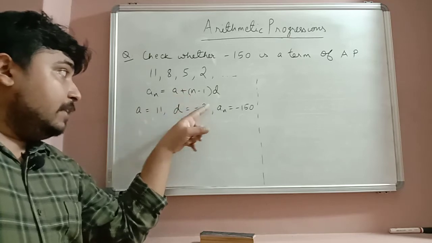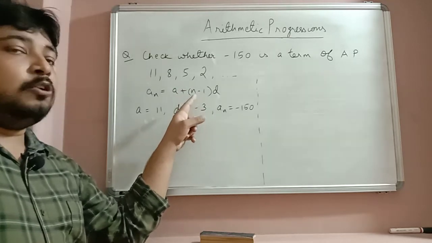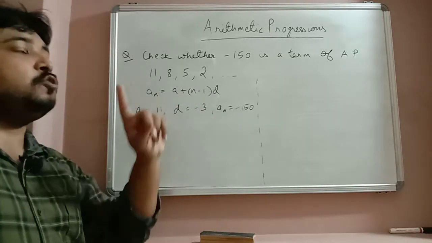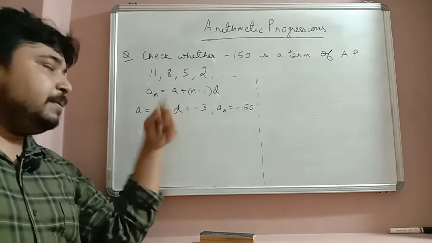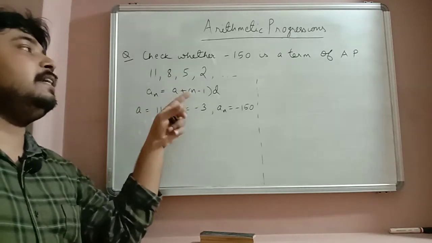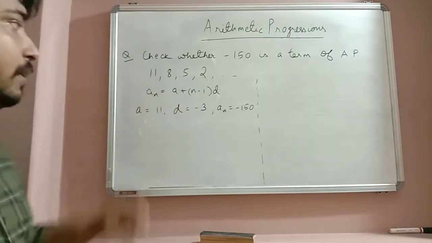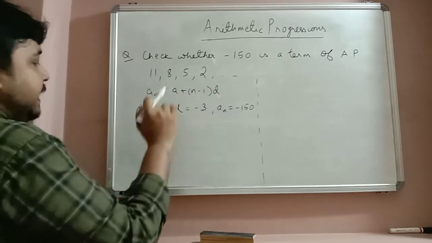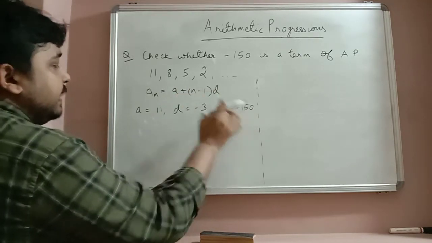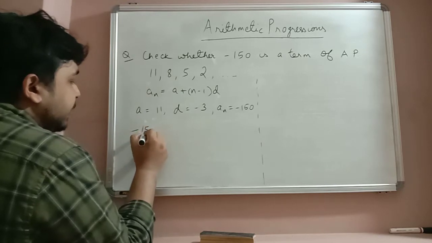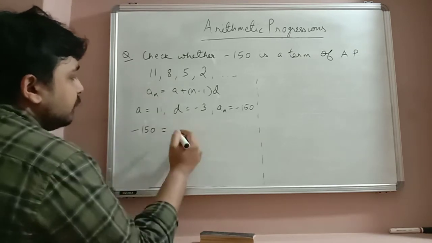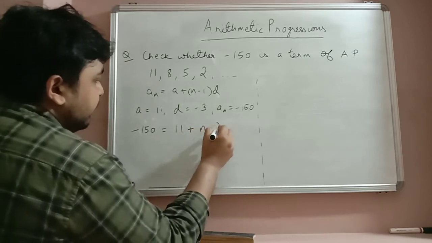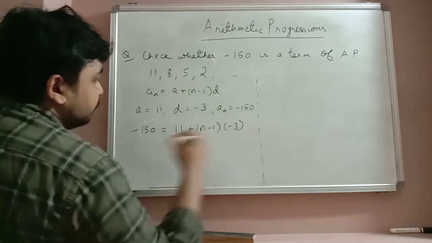If my n's value doesn't turn out to be a positive integer, then definitely this minus 150 is not a term of the AP. If it happens to be a positive integer, then definitely it is a term of the AP. So we will just solve this equation for n by putting an equal to minus 150. So let's put minus 150 equals to A is 11 plus n minus 1 into minus 3.